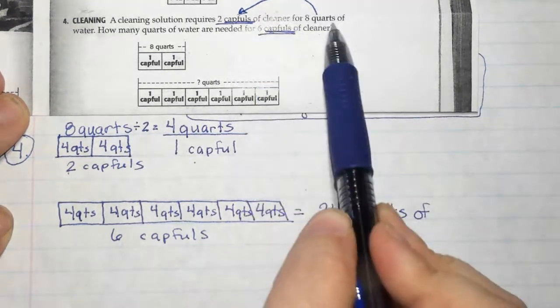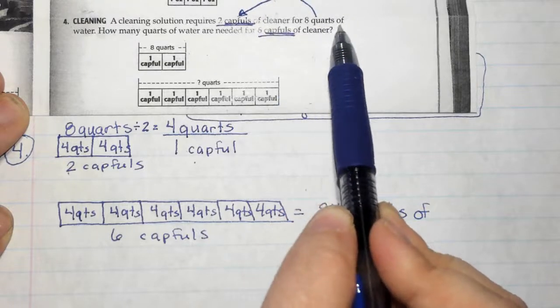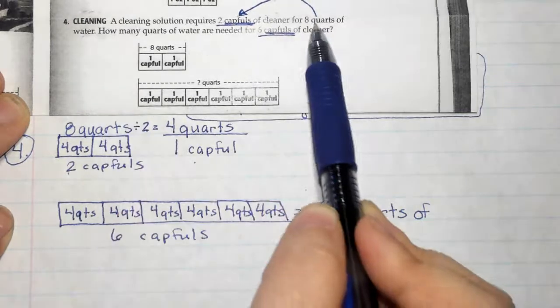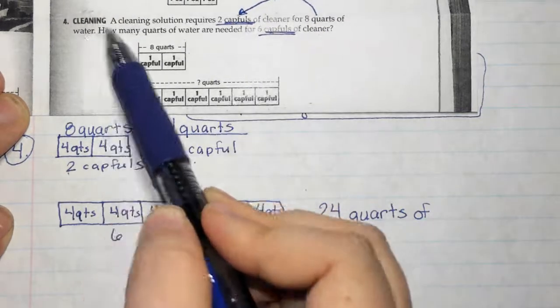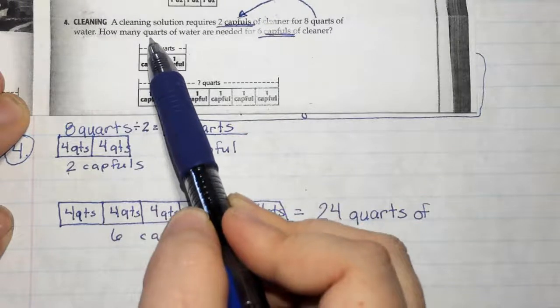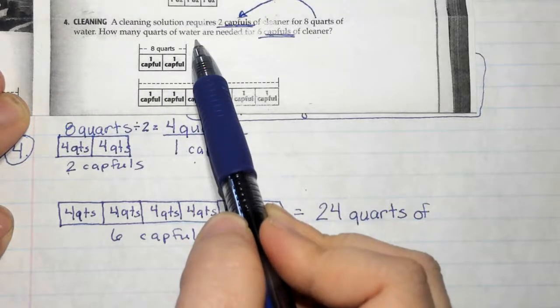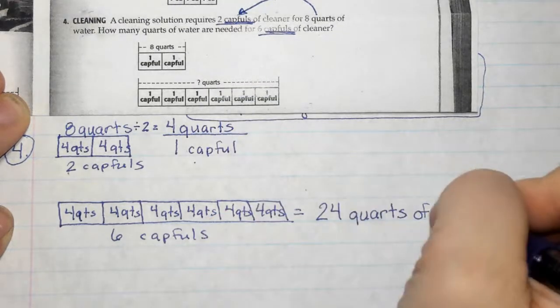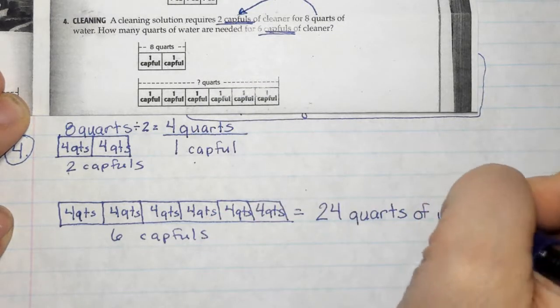There's 8 quarts of water. Read the problem. It says quarts of water. And then if I look at the question, how many quarts of water? Do y'all see where I'm getting that from? So that should be 24 quarts of water.